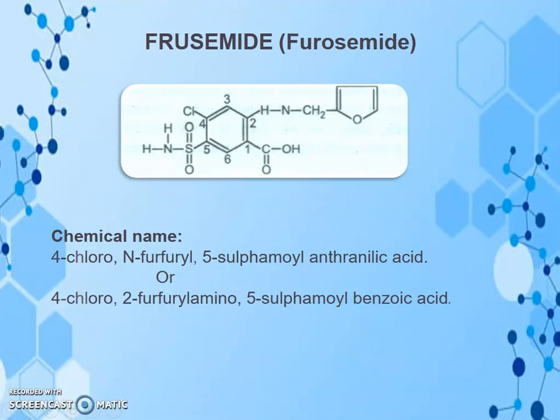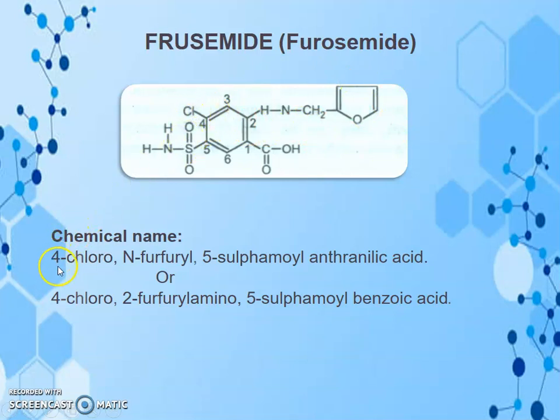Let's start with the individual monograph. First drug is furosemide, also called frusemide. This is the structure of furosemide, in which anthranilic acid is the parent compound. On that, at 5 position it has a sulfamoyl group, then a furfuryl group on the second position, and a chloro group at 4 position.